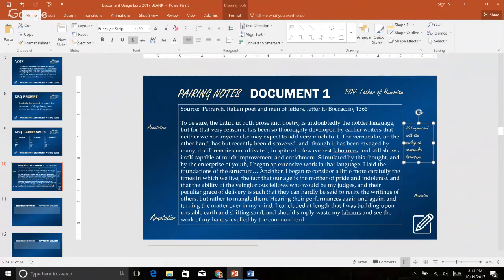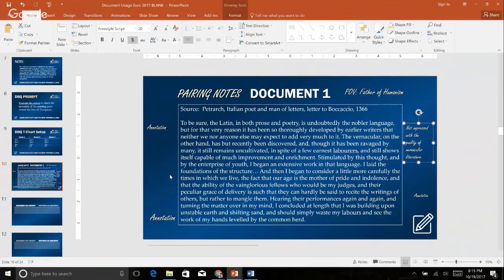Stimulated by this thought and the enterprises of youth, I began an extensive work in that language. I laid the foundations of the structure, and then I began to consider a little more carefully the times in which we live, the fact that our age is the mother of pride and indolence, and that the ability of the vainglorious fellows who would be my judges and their peculiar grace of delivery is such that they can hardly be said to recite the writings of others, but rather to mangle them.